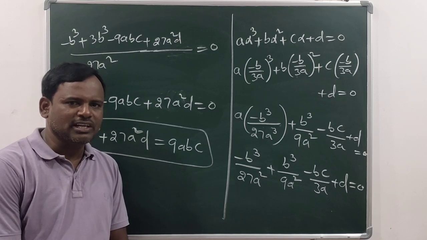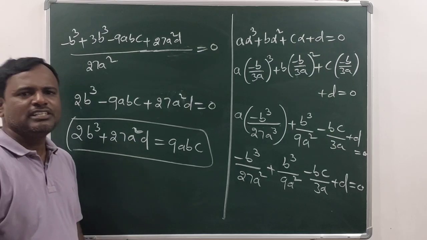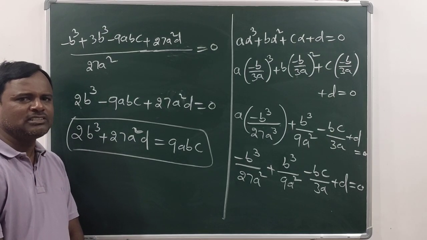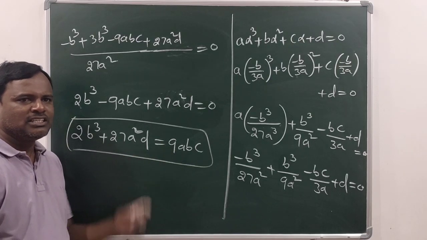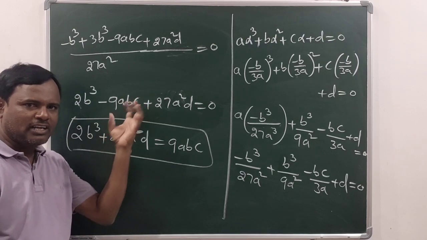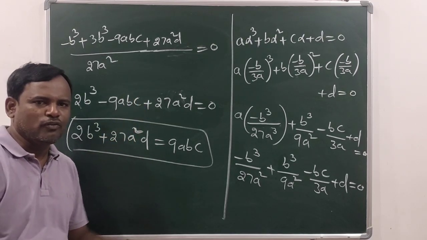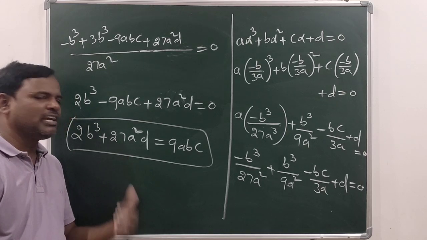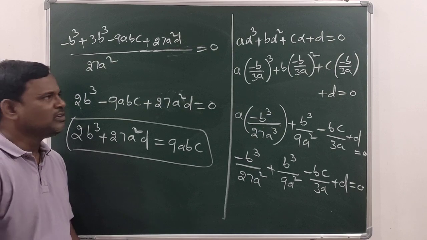They will make the question like that. In such a case, you would have to use this relation 2b cube plus 27a square d equals 9abc. Substitute those a, b, c, d values, collect from the given cubic equation and substitute here and go for simplification. So we will get our required unknown value.